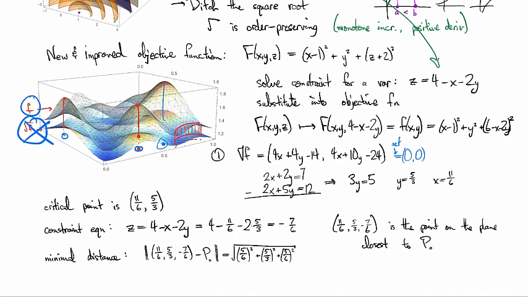So we're going to square those, add them up, and take the square root by good old Pythagoras, the dead Greek, and that gives us 5/√6. And that is the square root of our constrained objective function evaluated at 11/6, 5/3. So there is our answer.